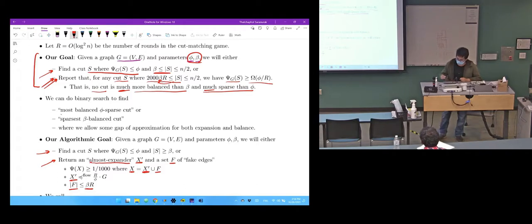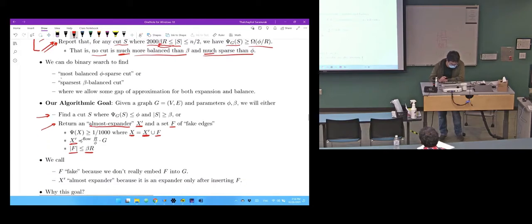Okay. So yeah, I call F fake because we don't really embed F into G. Only X prime is embedded. And X prime is almost an expander, because it is an expander only if you add F into it.